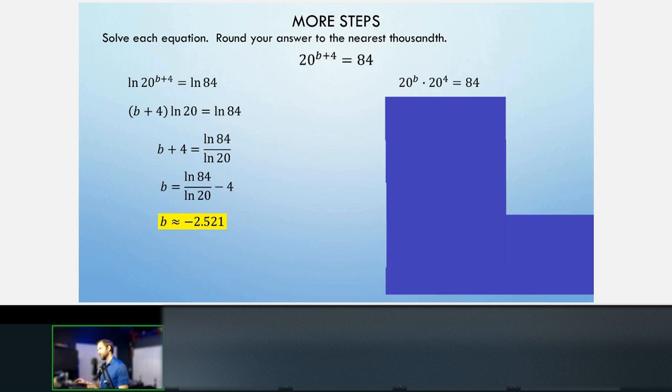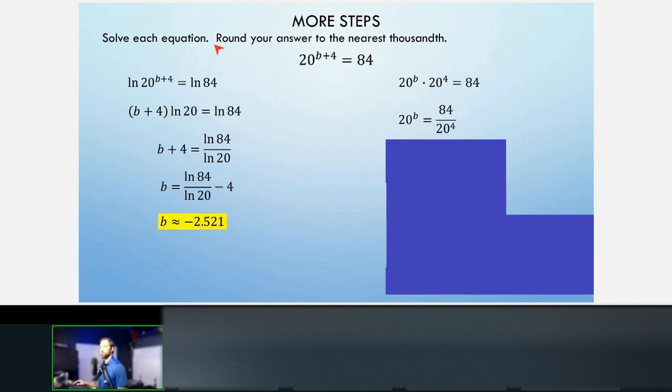I'm just showing you a different way. This is probably the last way that I would do this, but still wanted to show you. All right, so we separated this to become a single term exponent, same bases, of course, because it's the property. And then from here, we can divide both sides by 20 raised to the fourth power.